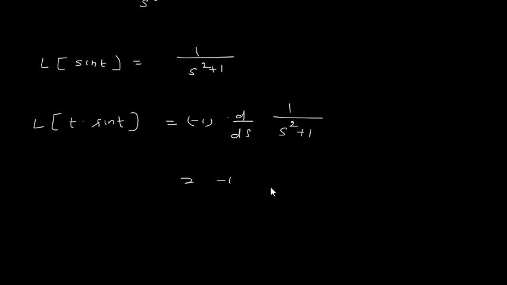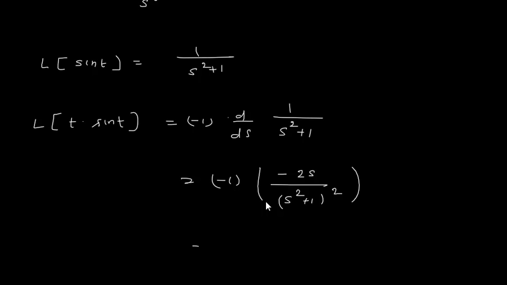Using the u upon v rule, it is v times derivative of u, which is 0, minus 1 into derivative of s square plus 1, which gives 2s, whole divided by s square plus 1 the whole square.